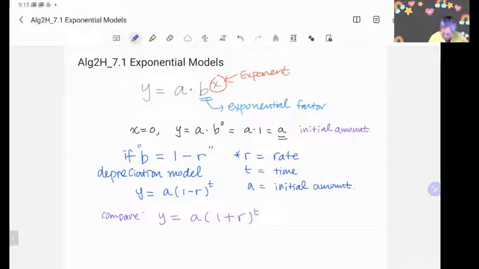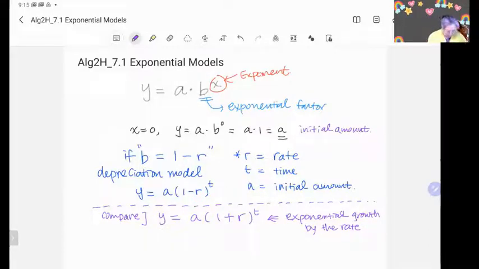So this is exponential growth by the rate, compared to the depreciation model here.